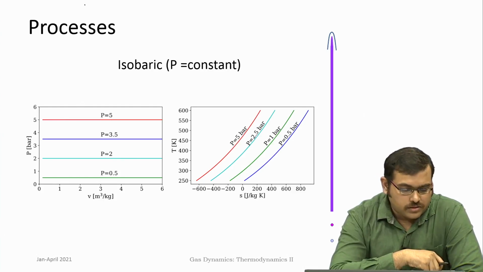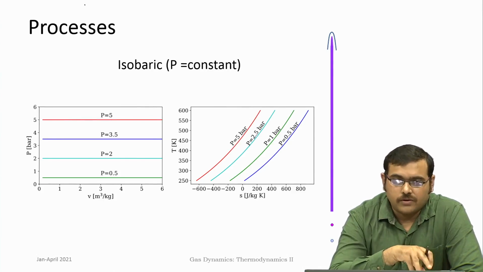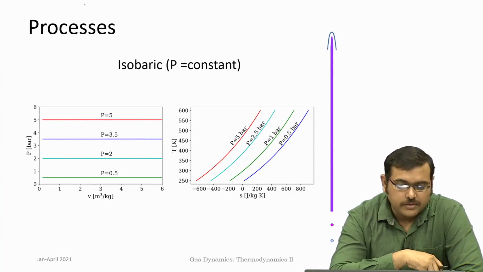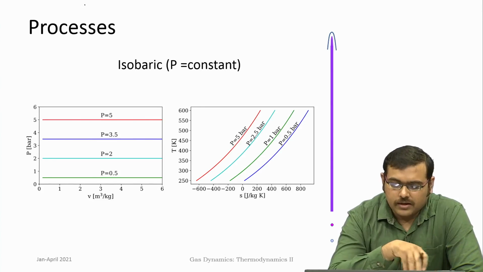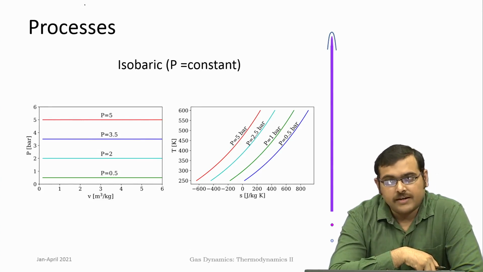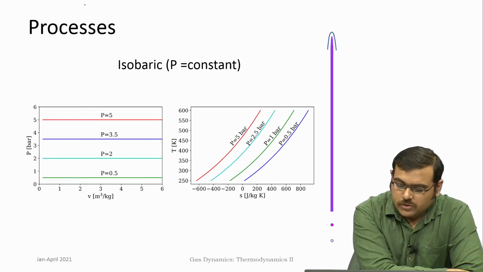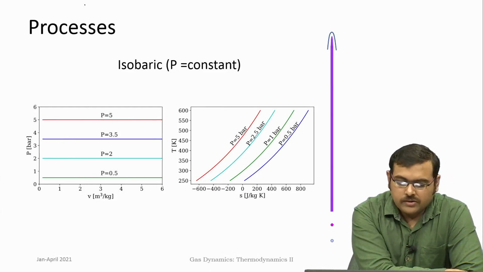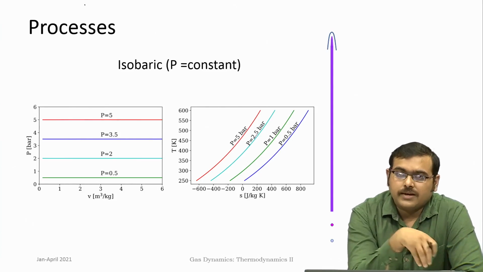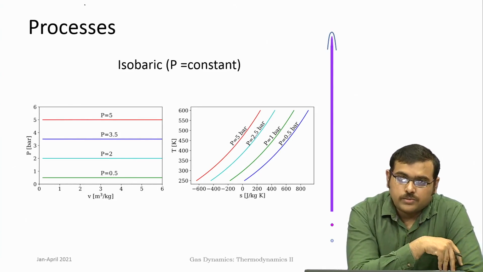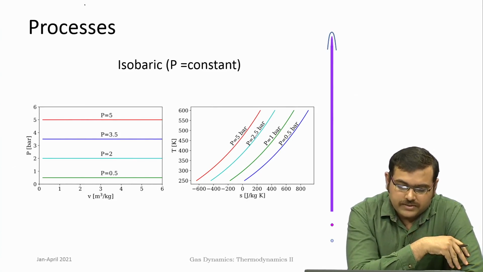And one should also know that the area under the curve of a PV diagram is the work done, while in the case of a TS diagram it is the heat that is added or removed from the system. So the representation can also be directly related to the laws of thermodynamics that we had just discussed.